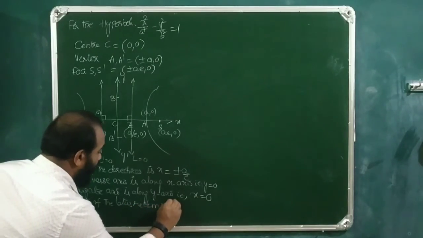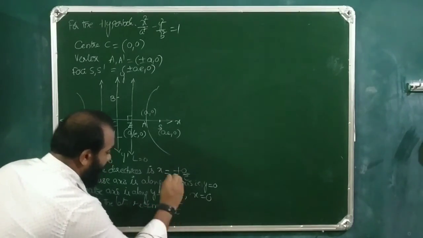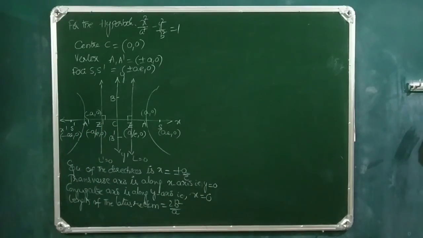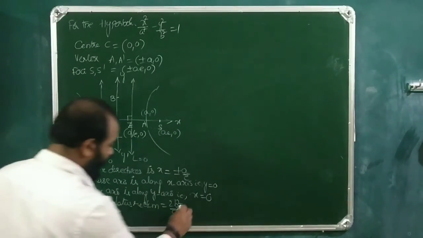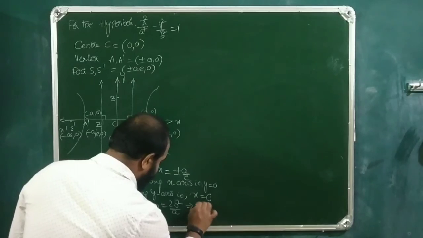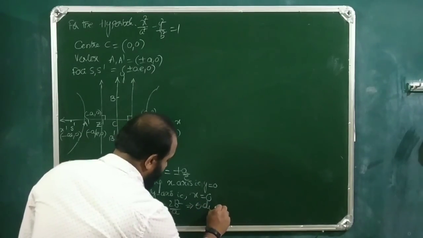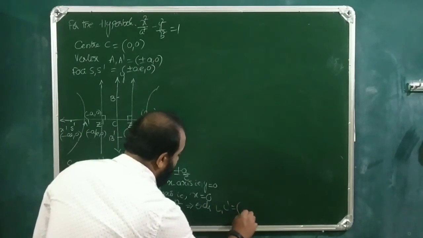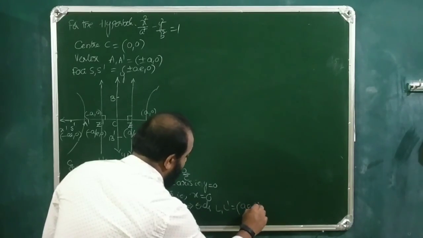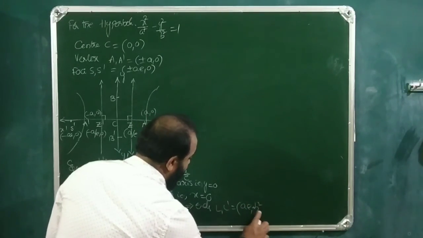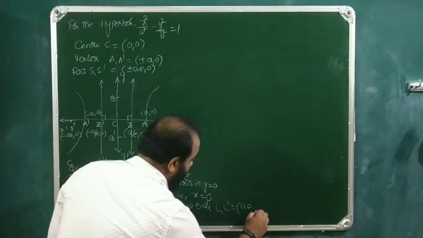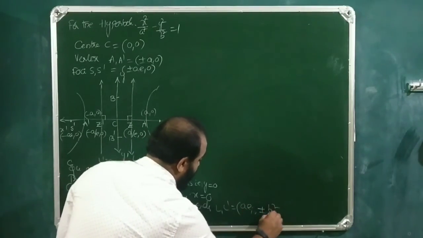Now length of the latus rectum is equals to 2b square by a. So their ends are L, L dash: ae comma plus or minus b square by a.